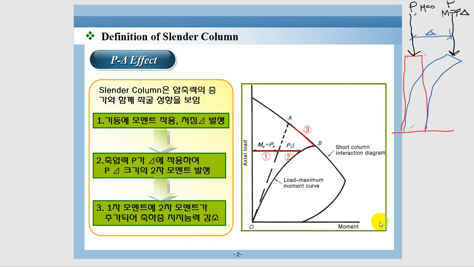We saw in previous lectures that this is the PM diagram, from which we can find out the actual capacity, or actual moment strengths, based on this point on the PM diagram. And this is just the numbers that you're looking at.